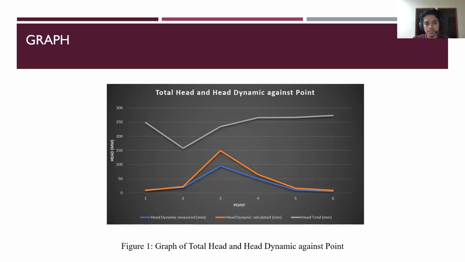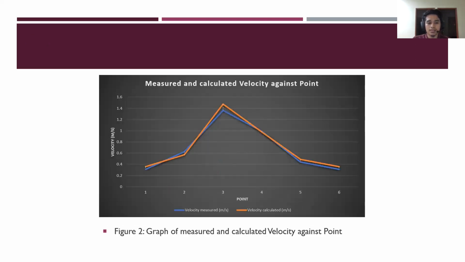Figure 1 shows a graph of total head and dynamic head against point. We have 6 points, and the highest head is at point 3, around 150. The second figure shows a graph of measured and calculated velocity against point. We can also see that point 3 has the highest velocity.